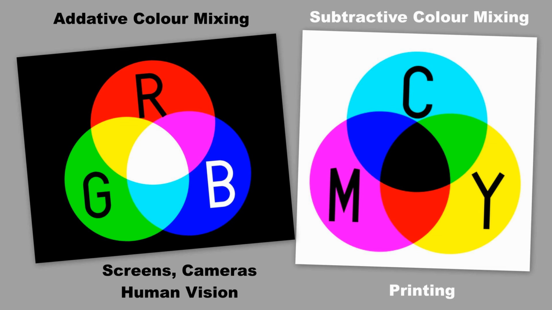There's a second quite different colour space which is used in printing, and that's where you see the colour on a surface, and it's called a subtractive colour mixing system because the surface itself absorbs one or more of the colours, and what it reflects back represents the colour that you see.